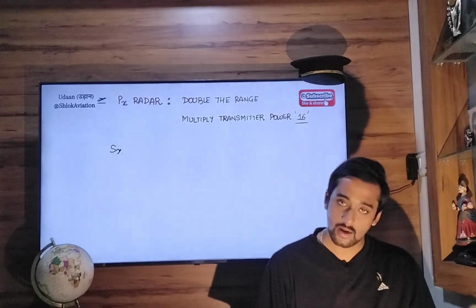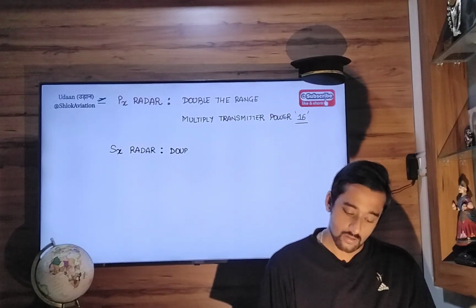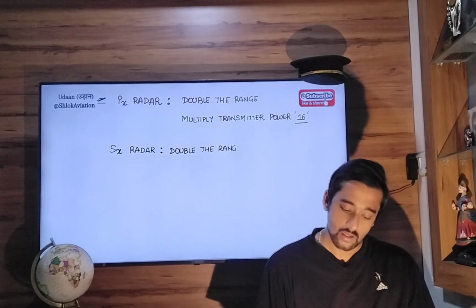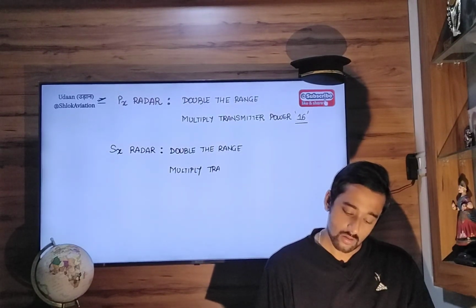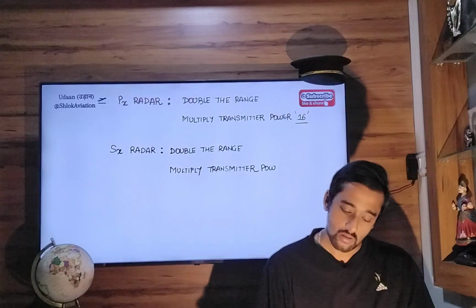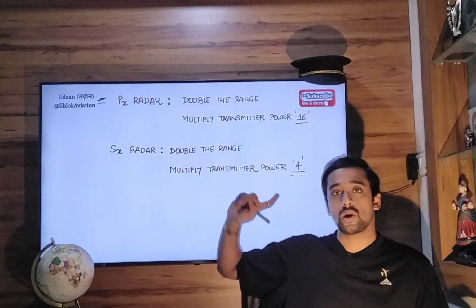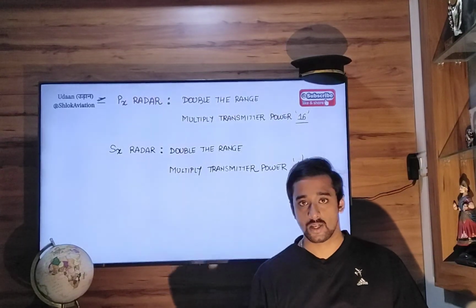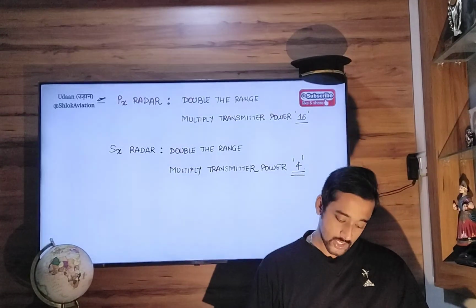But in case of secondary radar, if you want to double the achievable range, you must multiply the transmitter power four times, only four times. Because in case of primary radar, you are going to use one frequency throughout the cycle. In case of secondary radar, you are going to use one frequency for transmission, another for reception. So the power required gets diminished. So this is an advantage.